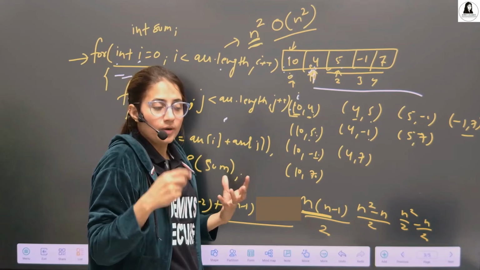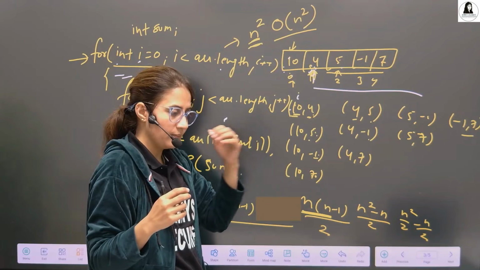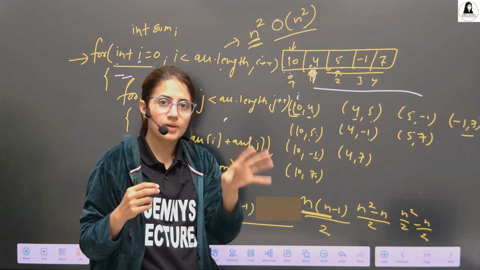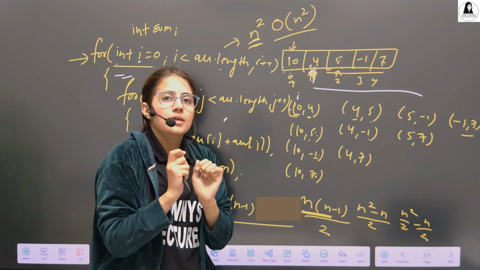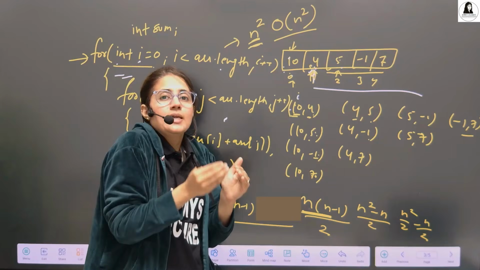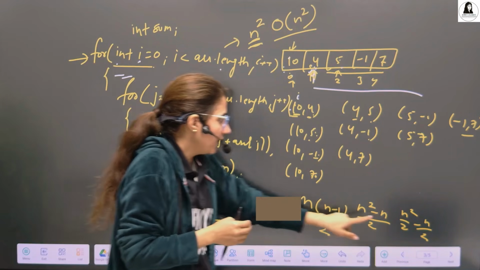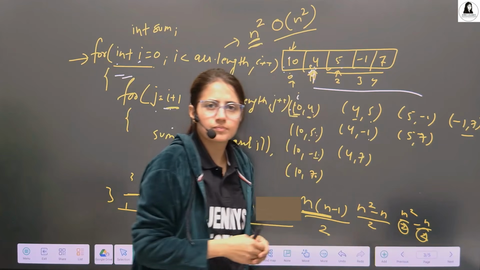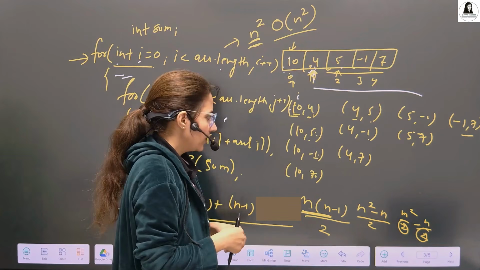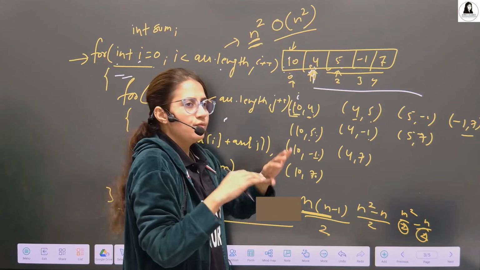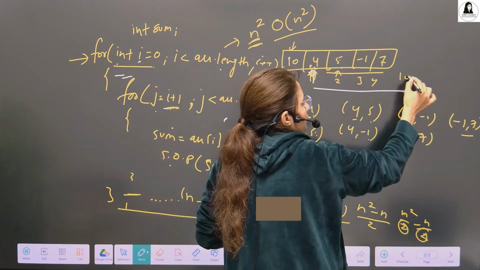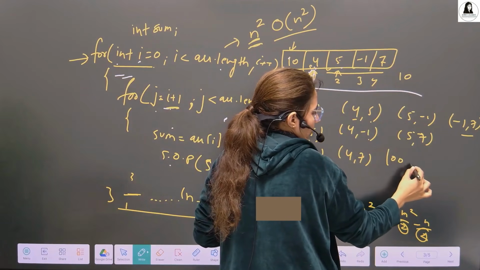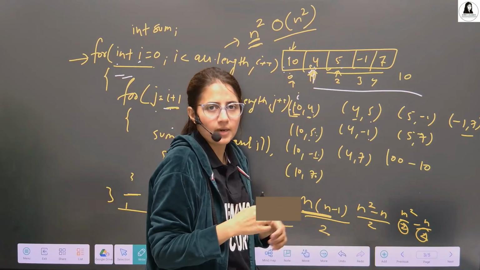One more rule of big O notation while calculating time complexity is to ignore the less dominating term. In n square by 2 minus n by 2, the constant we ignore. If n is 10, n square is 100 minus 10, so somewhat maybe it matters.